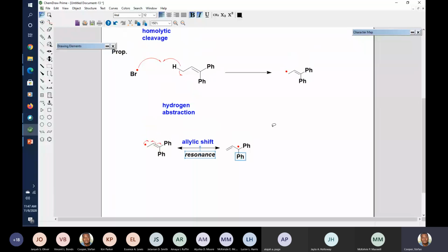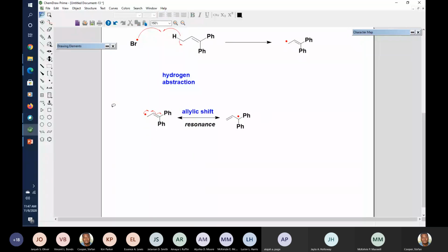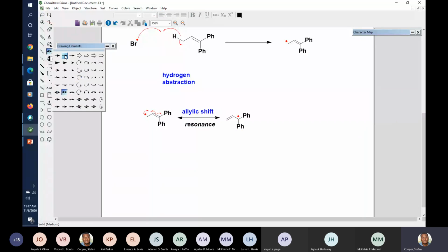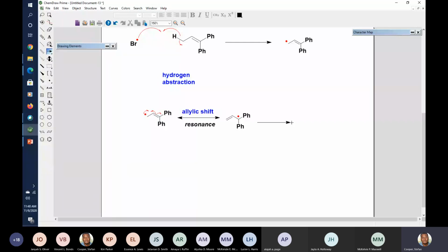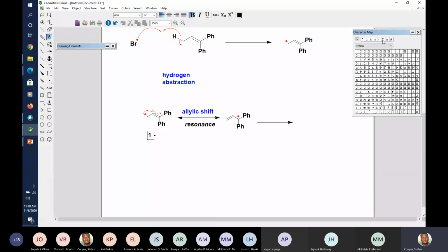Okay, now that I have my indicated radical, and you guys know why this happens, right? What type of radical is this one? This is a primary allylic radical. And when it does the allylic shift, it goes to a what type of radical?